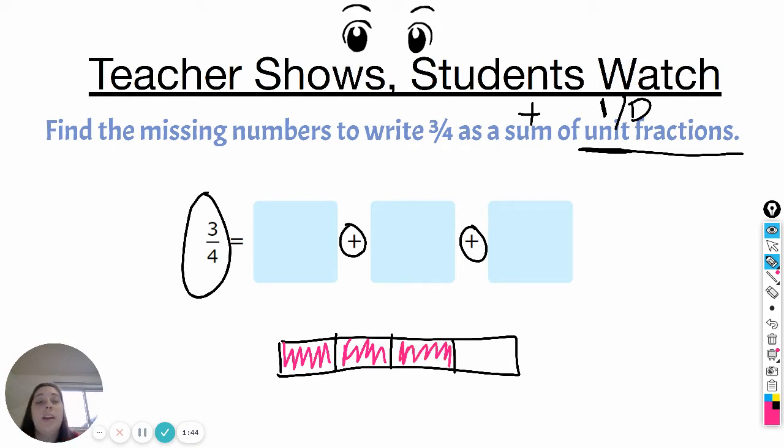We need to find the sum of the unit fractions. Well, if the unit fraction is 1 over our denominator, it would be 1 over 4, right? Because our fraction strip is broken into fourths and our denominator is 4. So if you have your fraction strips, we already labeled them this way. We labeled them with the unit fraction. Each piece is worth 1/4.